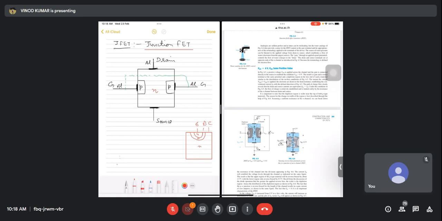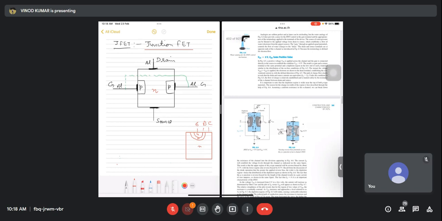If we go for this condition, the working of this junction field effect transistor, this we need to understand actually.